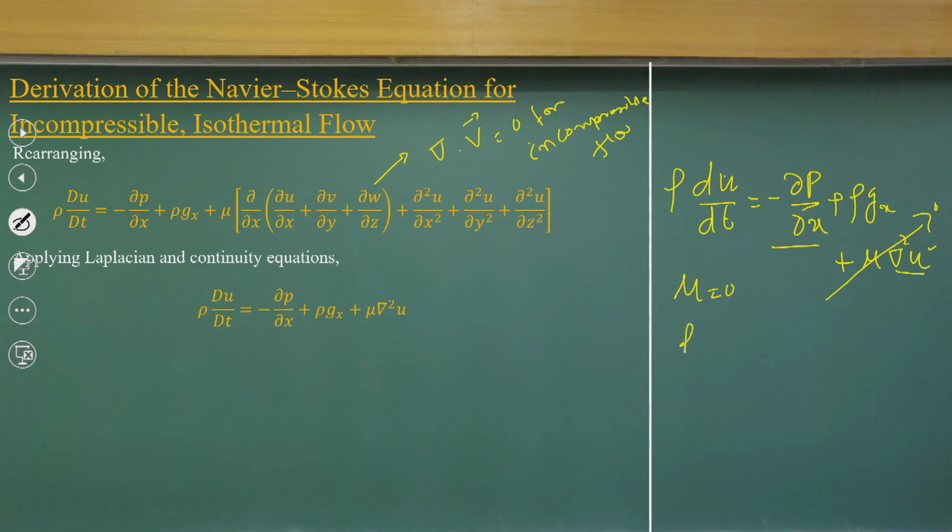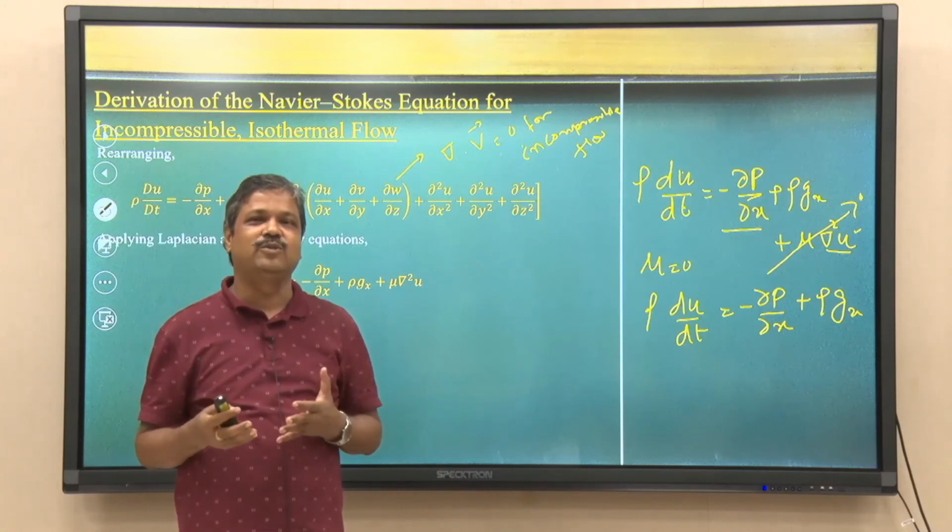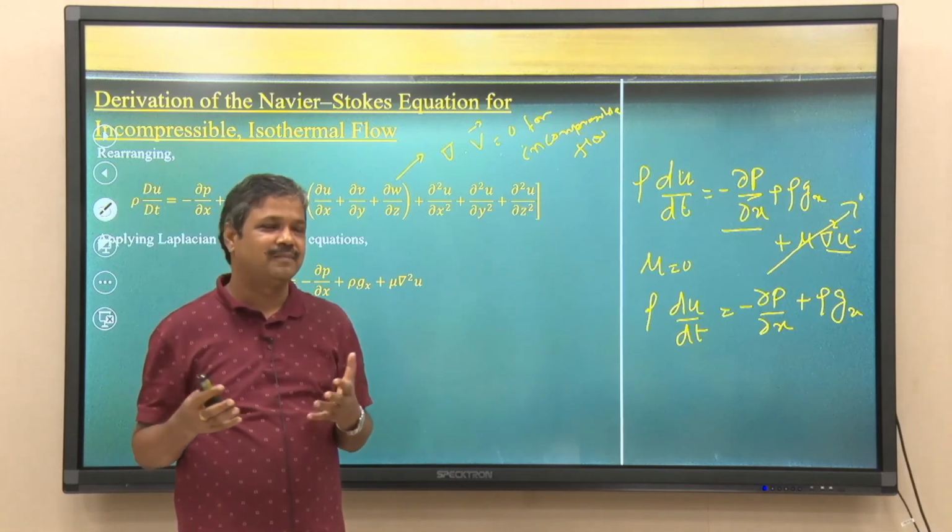That means your basic equation is du by dt equals minus del p by del x plus rho g x, which is a form of the Euler equations. There is nothing else. If there is no viscosity component, we can reduce to the Euler equations.